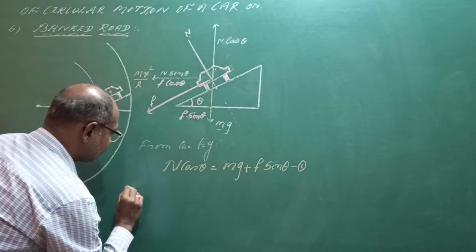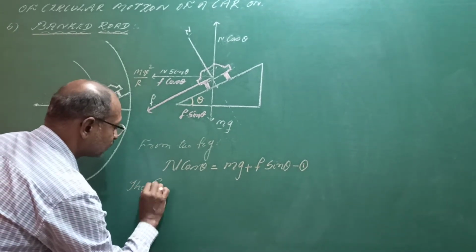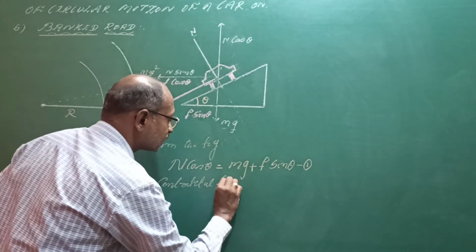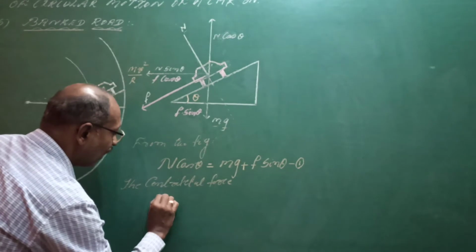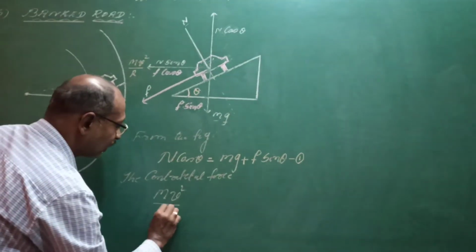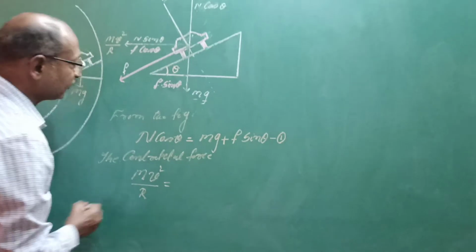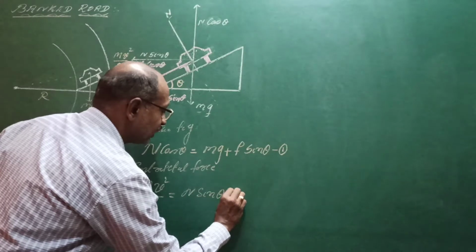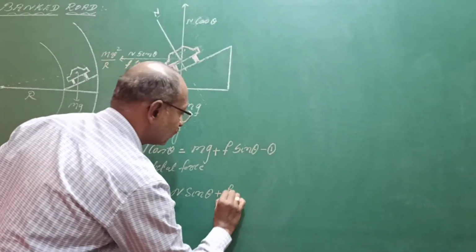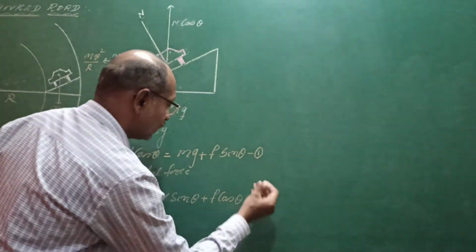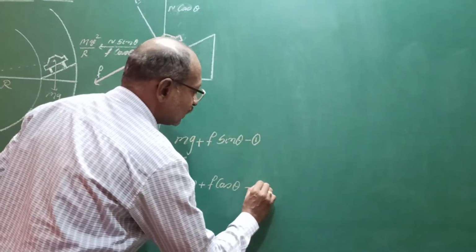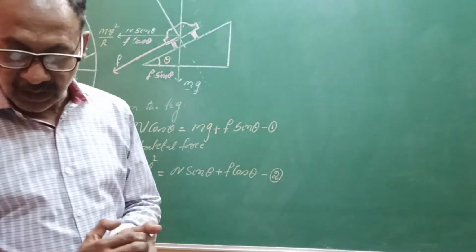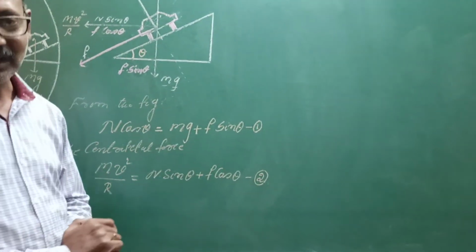The centripetal force is given by mv square by r, where r is the radius, equal to N sin theta plus F cos theta. Let us consider this as the second equation, and the earlier one as the first equation.